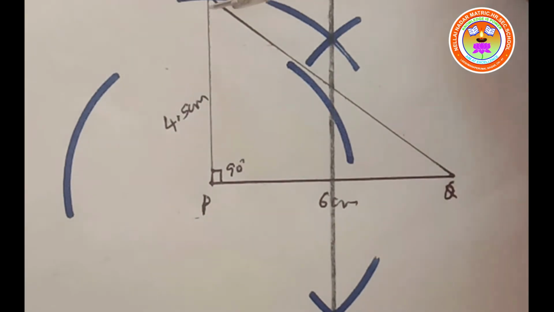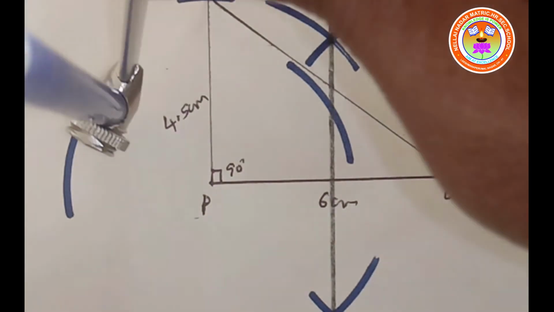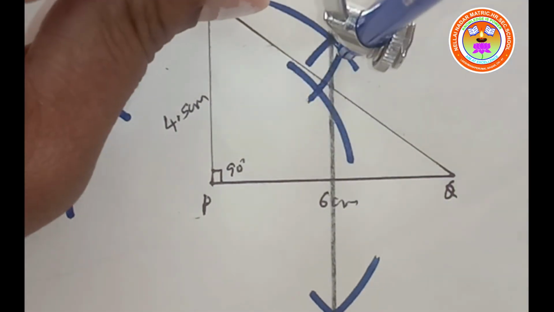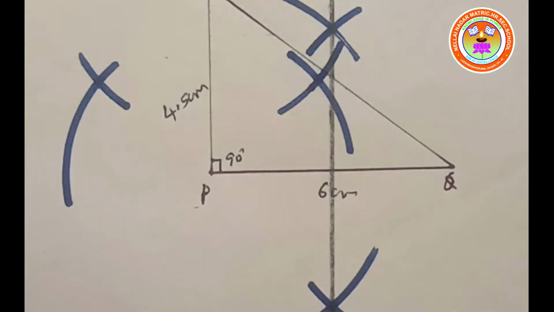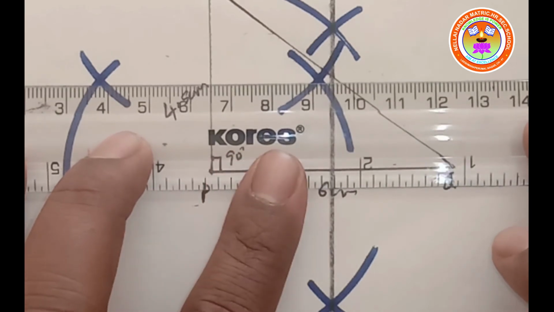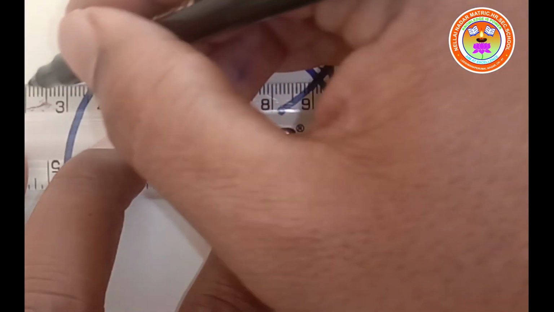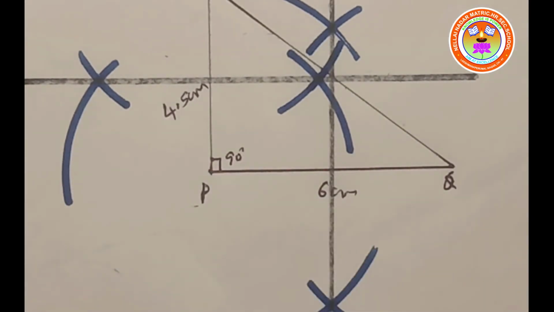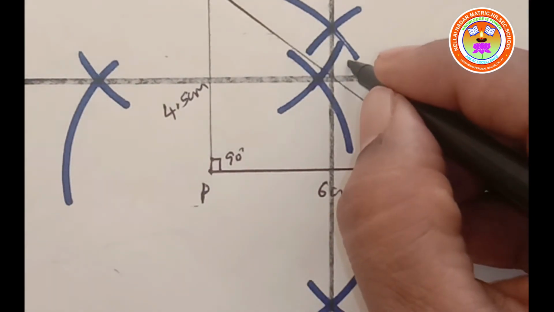Again from R as center, with the same radius, cut an arc that cuts the previous arc. It's clear, children? Now join both the lines. Now this point is S.